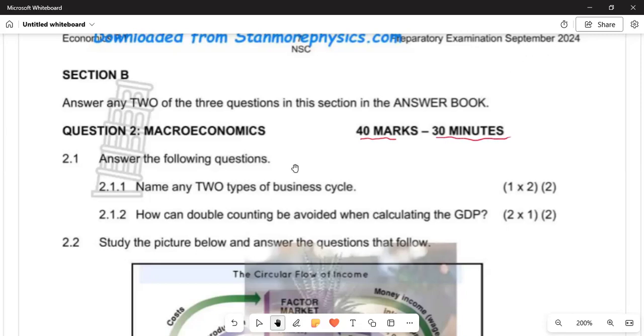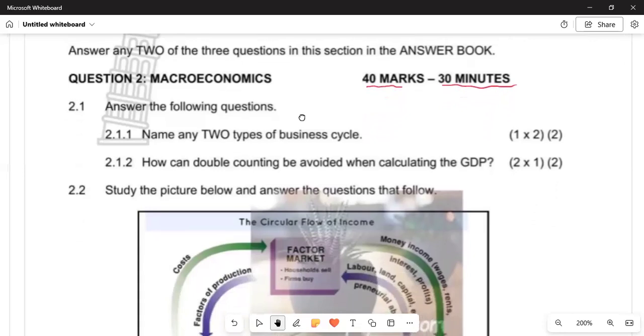So now let us move on to question 2.1. Answer the following questions. Name 2 types of business cycle. So you have to name 2 types of business cycle, which you can talk about: the Kitchin cycle.